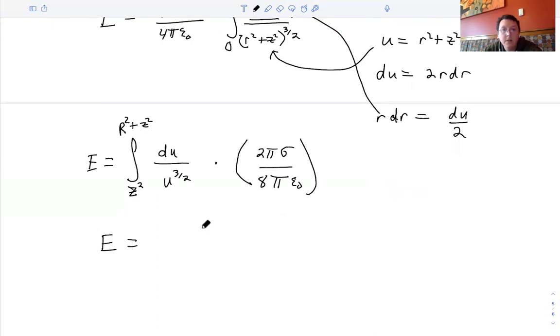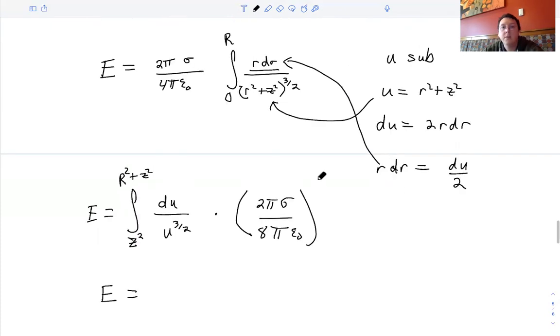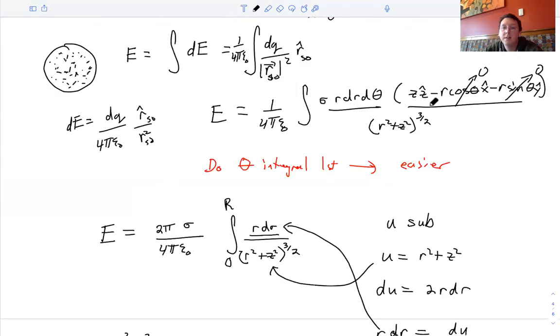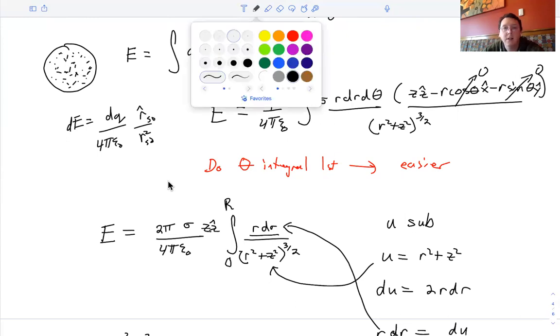The electric field. Oh, hold on. Forgot one thing. You know what I forgot? If we were in person, I'd complain you didn't point it out to me. I forgot to write z hat. I dropped it. So there should have been a z hat here. I'll highlight that. I just forgot to write it down.